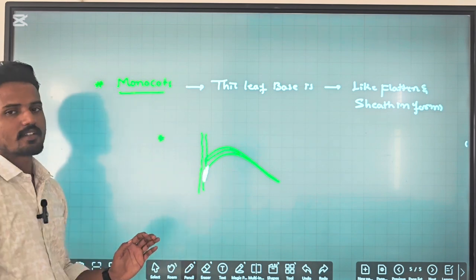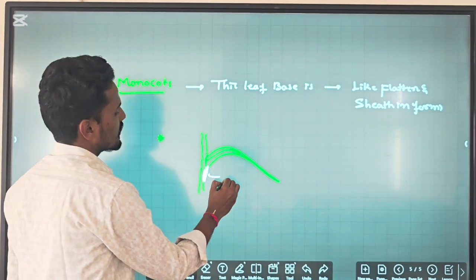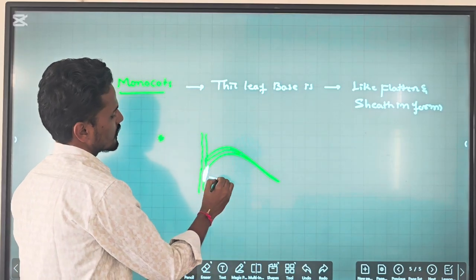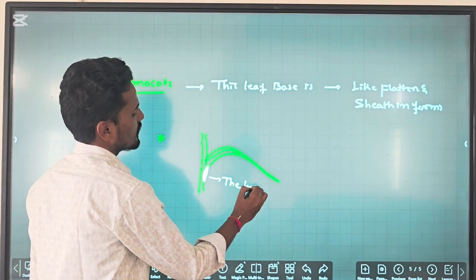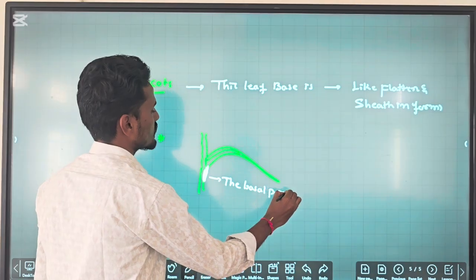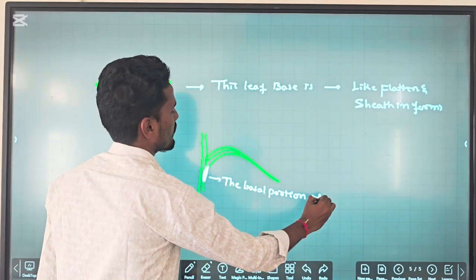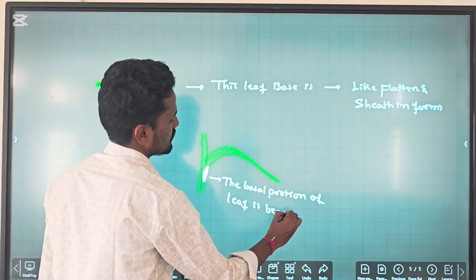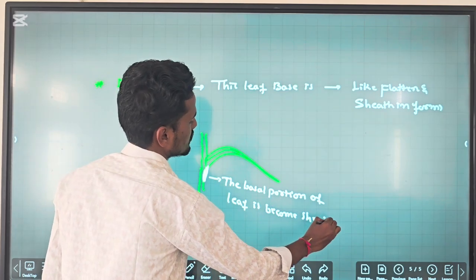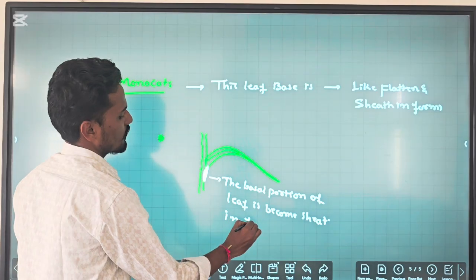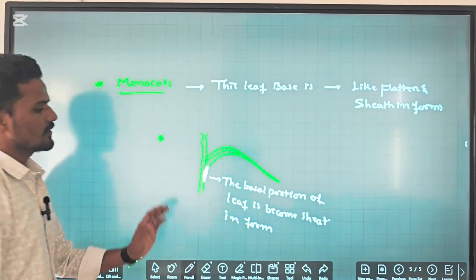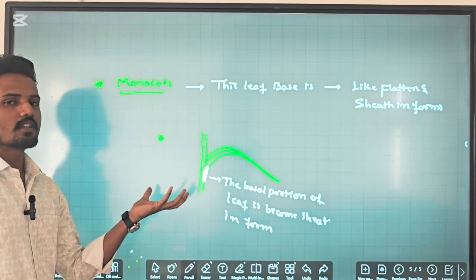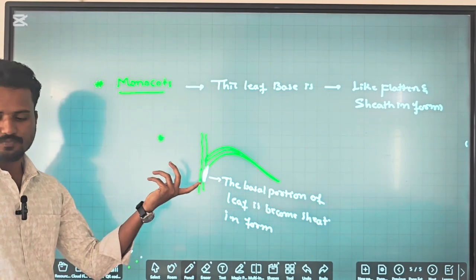The basal portion of the leaf becomes sheath in form. This is what we commonly see in monocot leaves.